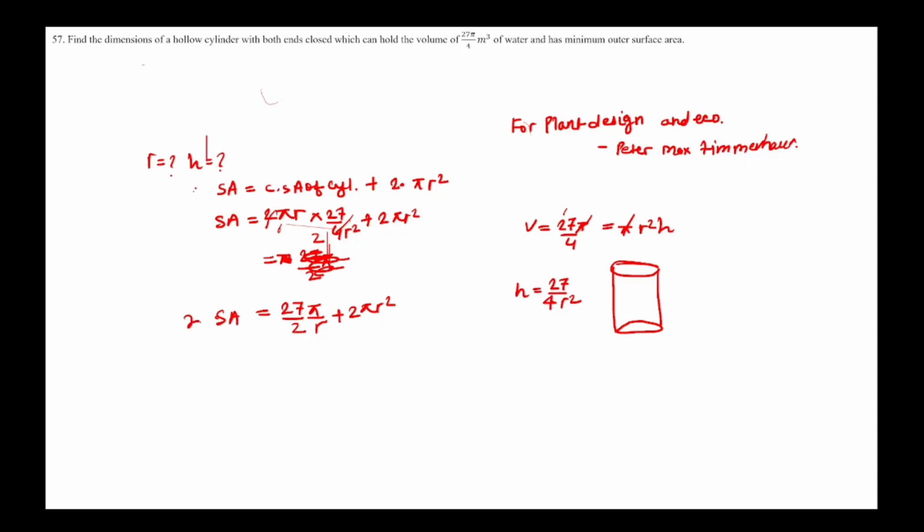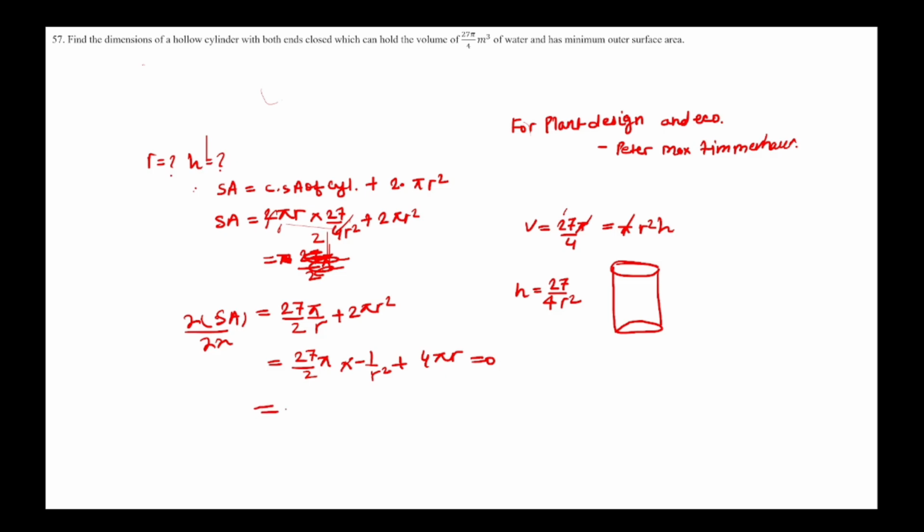Now dS/dr is equal to 27π/2 times d/dr of r^(-1), which is minus 1 upon r², plus 4πr, which is equal to 0 for minimum surface area.